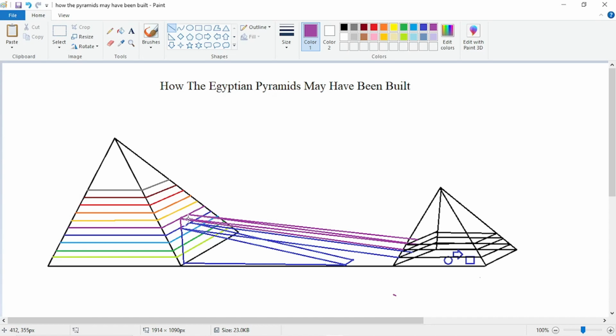So it would still start over here at the same level, but they would just raise this end up, so it wouldn't take that much in the way of resources. It'd be an effort, but raising it up just that one level over here is all it would be.